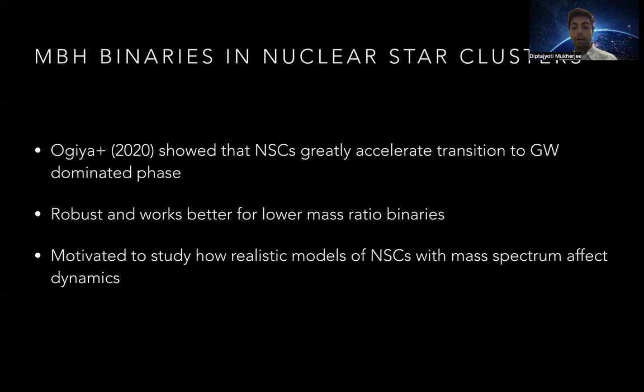In particular, these sorts of simulations are extremely robust, and Ogiya et al. found that this is extremely efficient for merging binaries that have really low mass ratios. So in binaries where the secondary is very low in mass and where traditional dynamical friction would be inefficient, you would actually in some scenarios end up with stalled binaries, as previous simulations have shown.